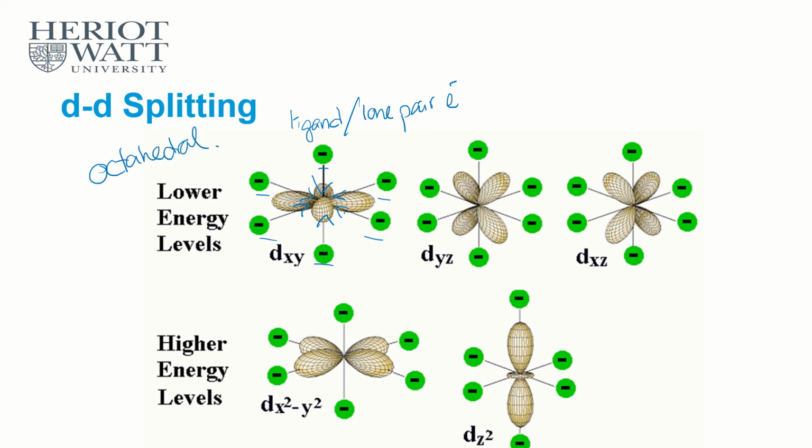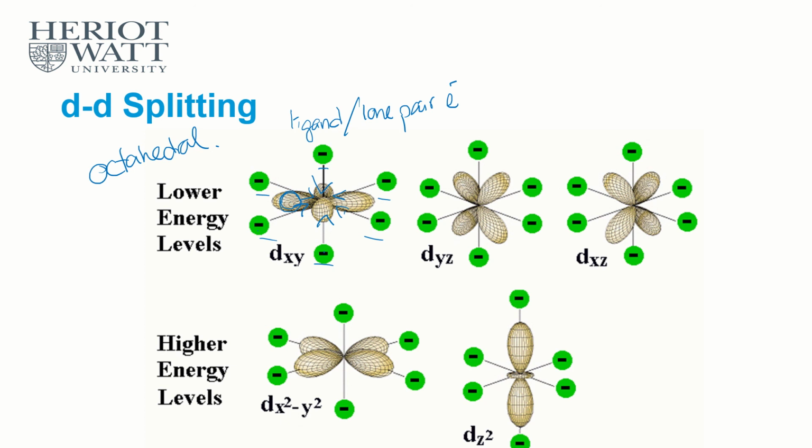Now imagine I have electrons in the orbital, and these are the lone pairs from the ligands. Will the electrons in the orbital repel with the electrons from the ligand?